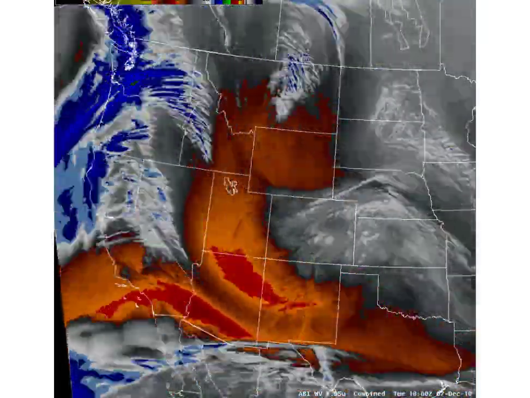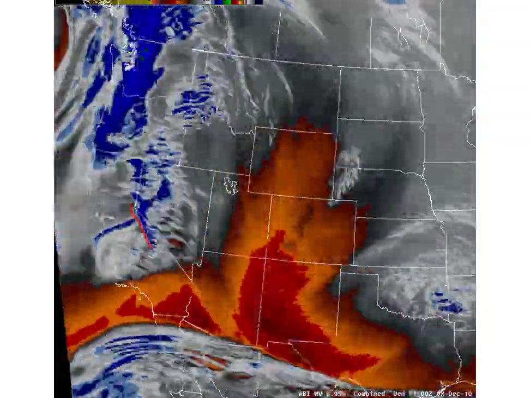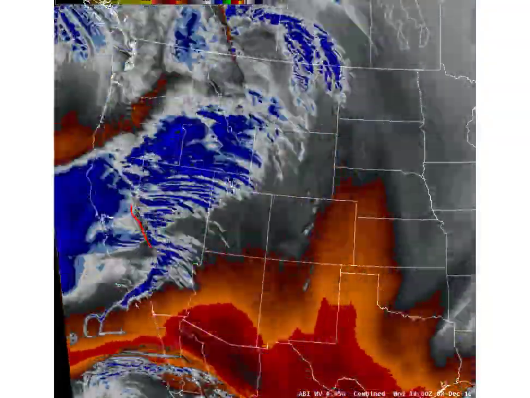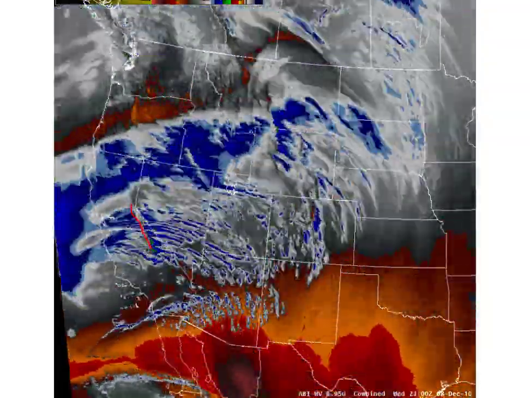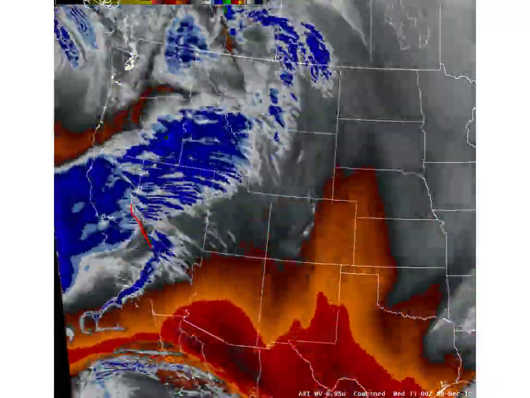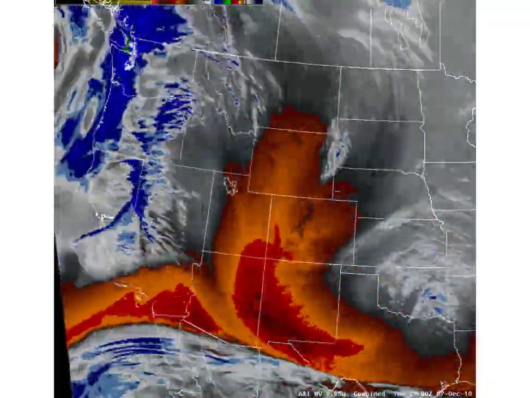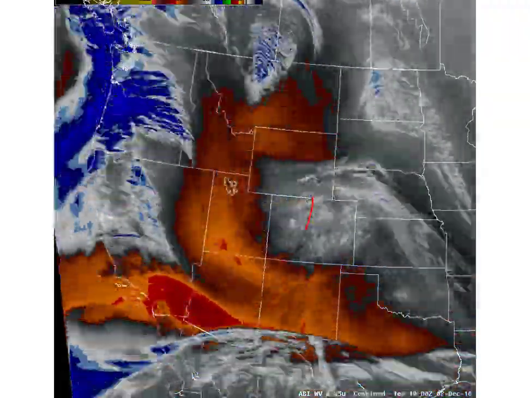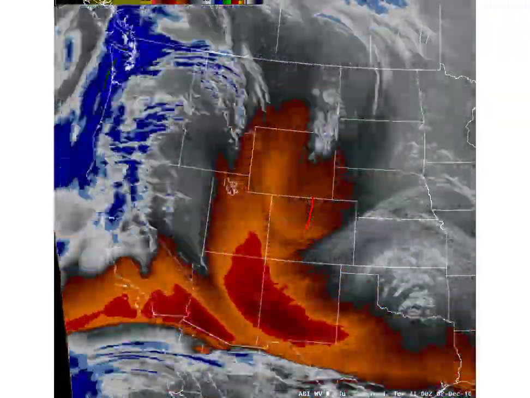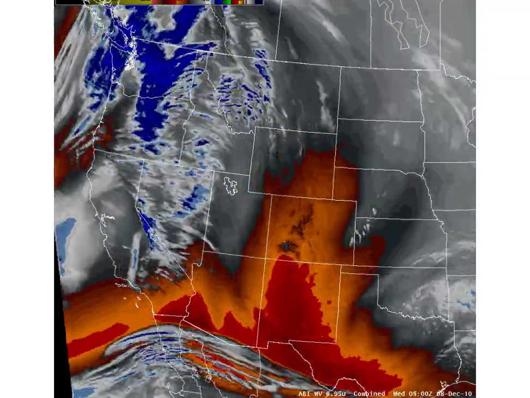For example, we see this signature right here along the Sierra Nevada range in California with orographic cirrus developing downwind of that. And then over here in Colorado, we see another one of those signatures, the darker signature that we see across the mountains.